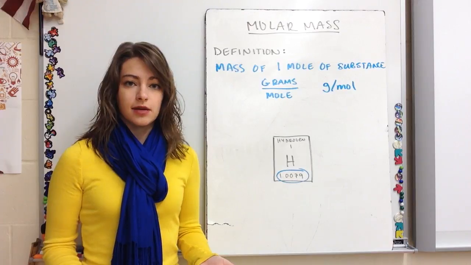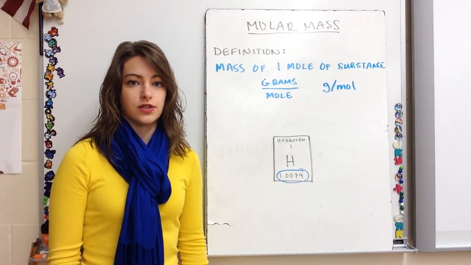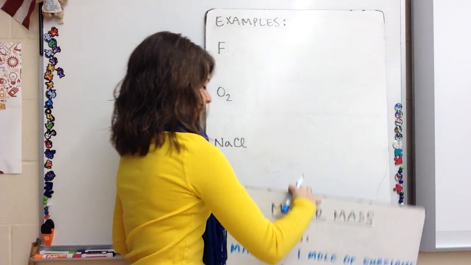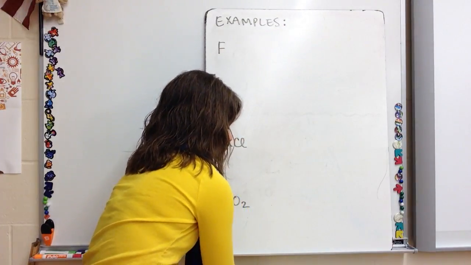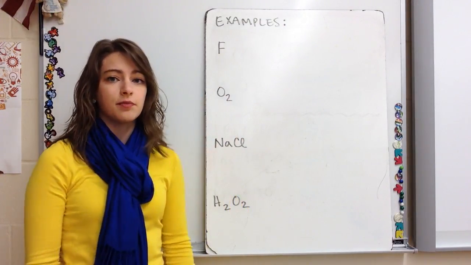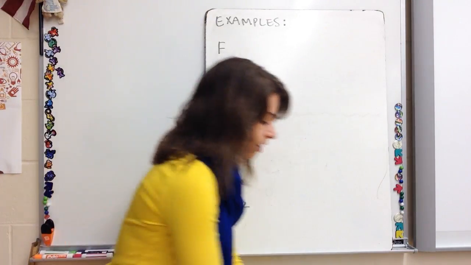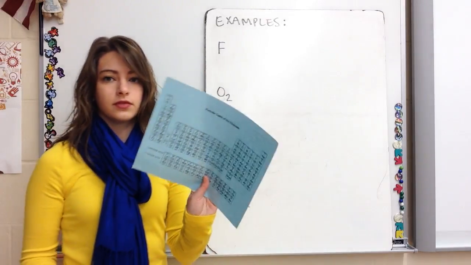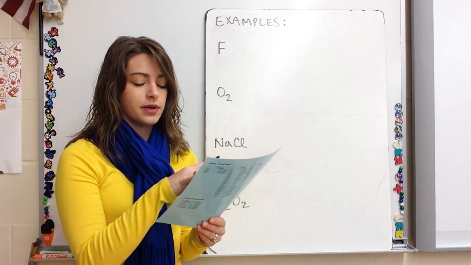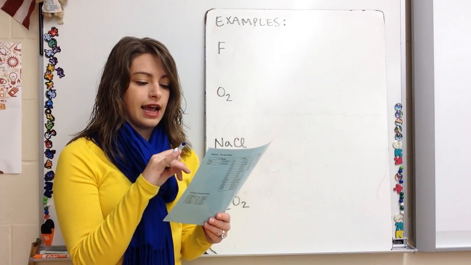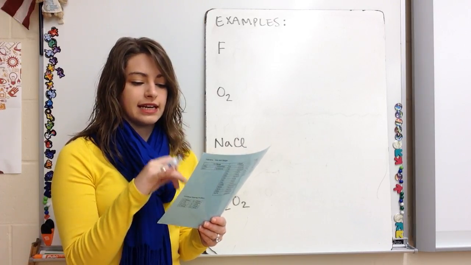So let's look at some examples, because that's the easiest way to figure out how to do this. Our first example is pretty straightforward. Find the molar mass of fluorine. So if we go to our periodic table, and we find fluorine, there's a 9 and there's an 18.998.